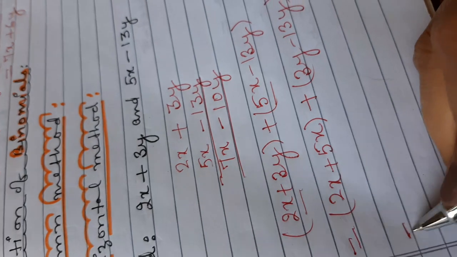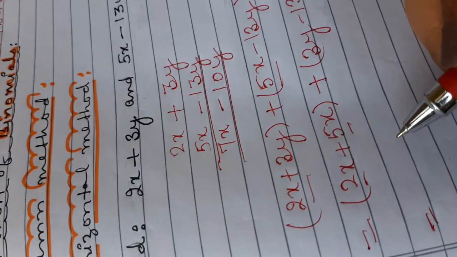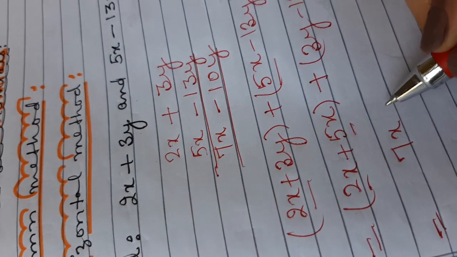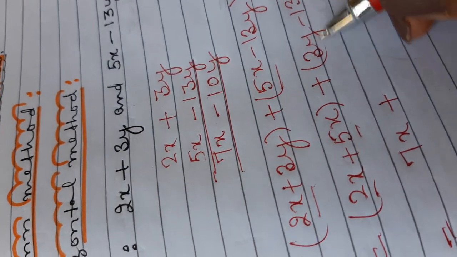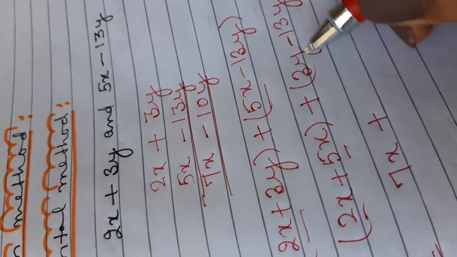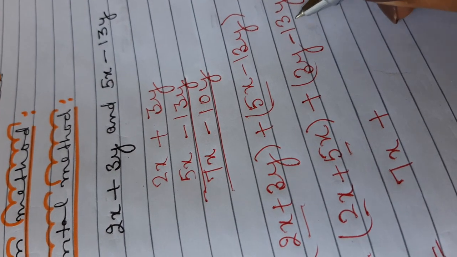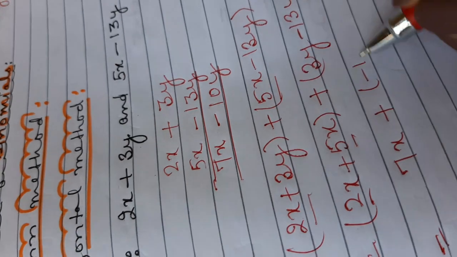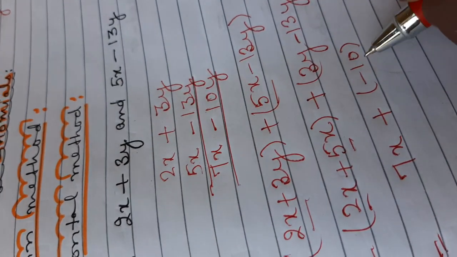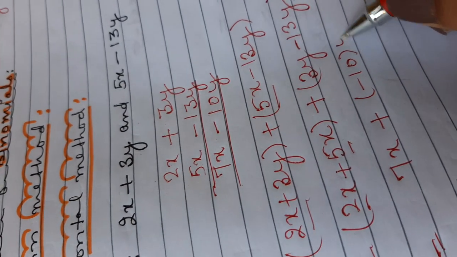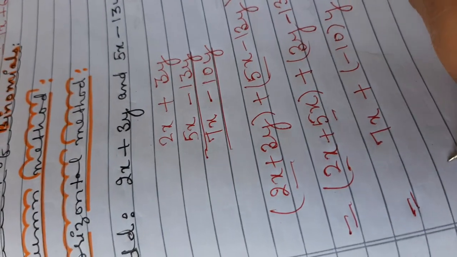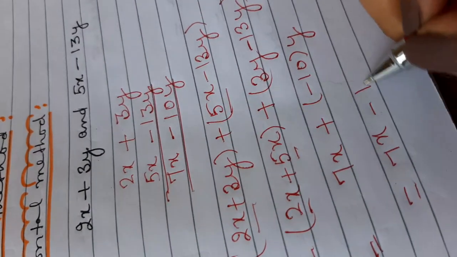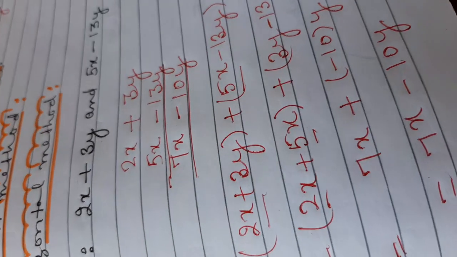Now add the numerical part. 5 plus 2 is 7, 7x, and because the signs are different, we have to subtract. 13 minus 3 is 10, so minus 10, we keep the minus term in bracket, minus 10y. Open the bracket now, 7x minus 10y is the answer.